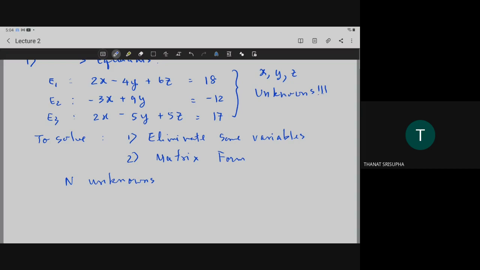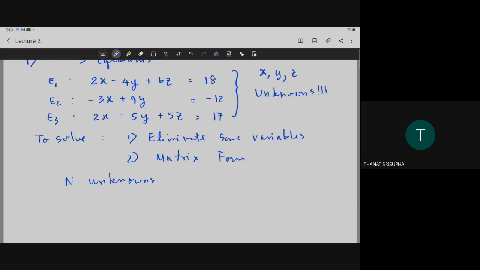I can set x, y, and z as a vector, like an unknown vector, and then multiply it with the coefficients from the 3 equations. For example, if I look at equation number 1, these are the coefficients that are multiplied with the unknowns, which are x, y, and z.